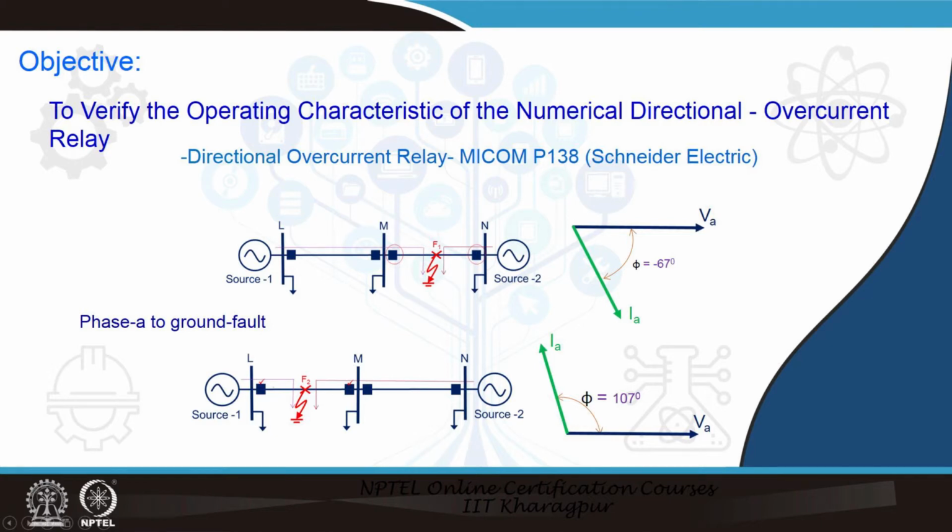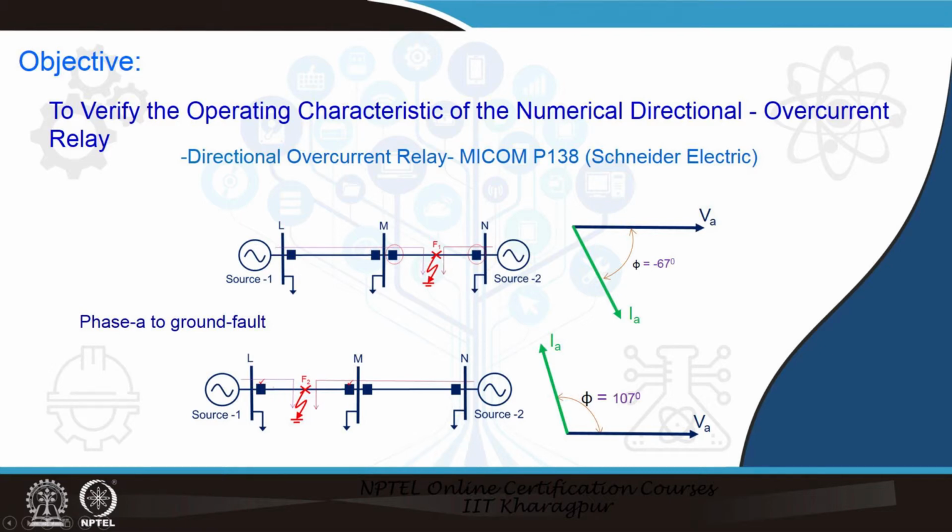And when the fault happens to be behind the relay in the reverse direction, that is this F 2 fault here, with respect to this bus voltage V A, this is again a phase A to ground fault, then the corresponding current leads the voltage by the corresponding angle. So, what we already discussed is that for this F 2 fault, the current will be fed by this N source, and for F 1 fault the current will be fed by this L source.